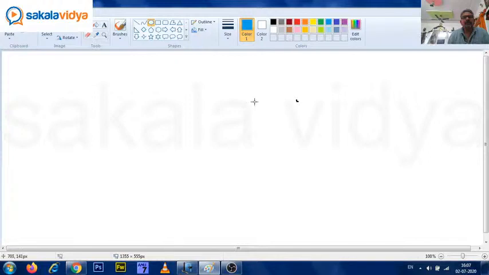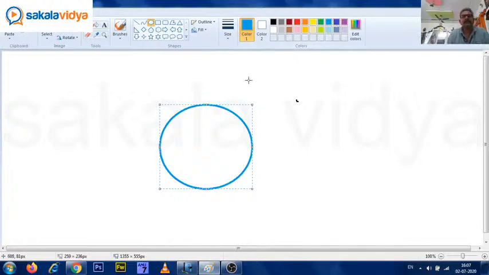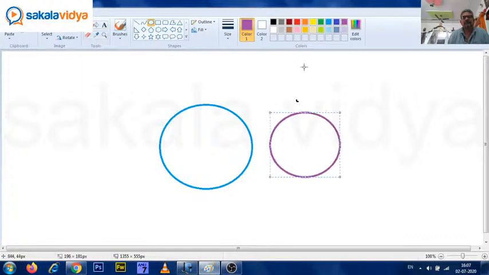For example, take one circle. Now another circle. Say this is circle 1, this is circle 2.